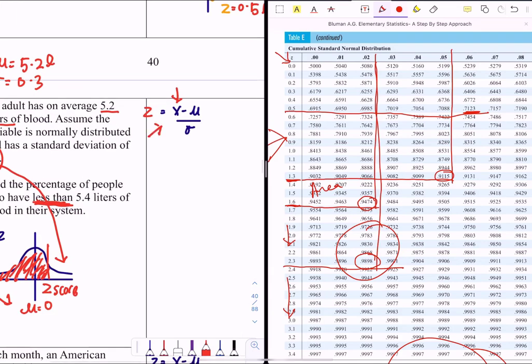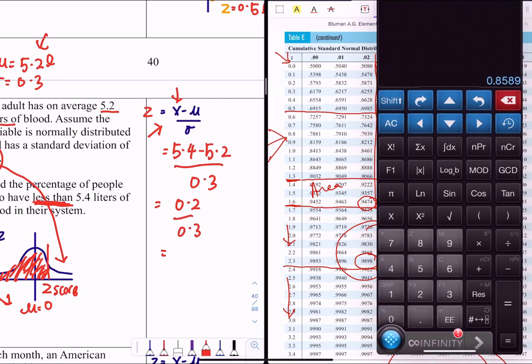So we use this formula. Put in 5.4 minus 5.2, where the mean is 5.2, divided by 0.3. We get 0.2 divided by 0.3. Use the calculator, 0.2 divided by 0.3 equals 0.67, or 0.66667.